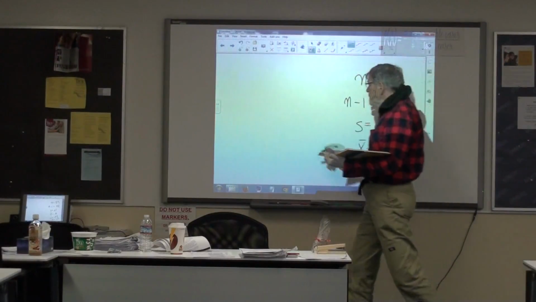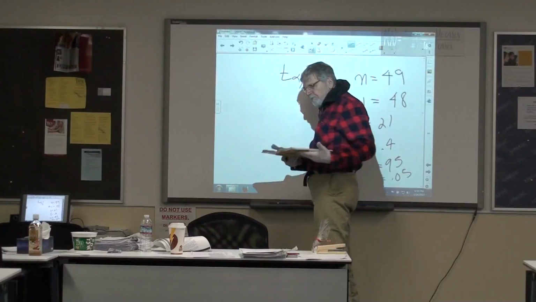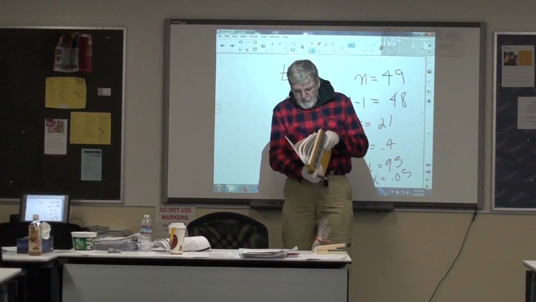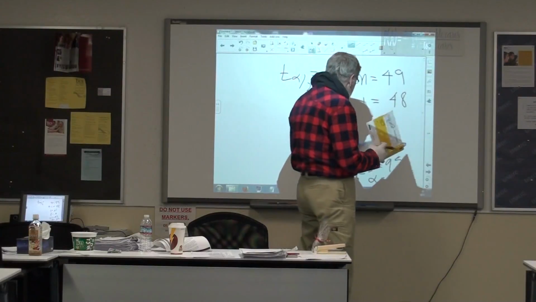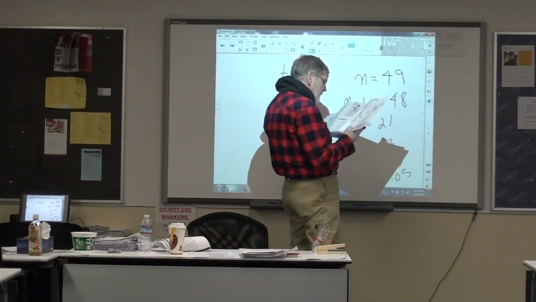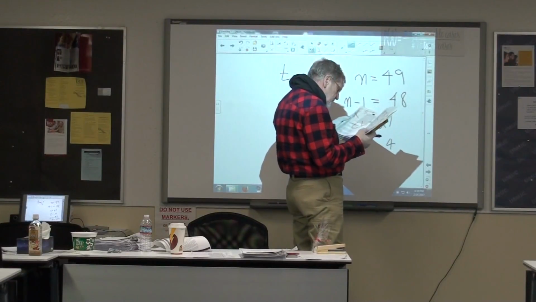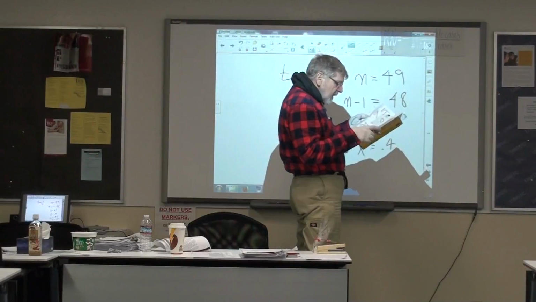Now, I want everyone to find for me t of alpha over 2 by using the table. T of alpha over 2. So, 0.05, 48. Get the closest one to it if you don't find one. I've got my number.